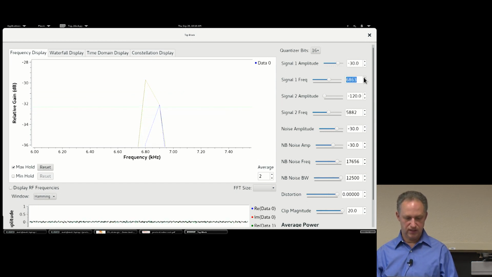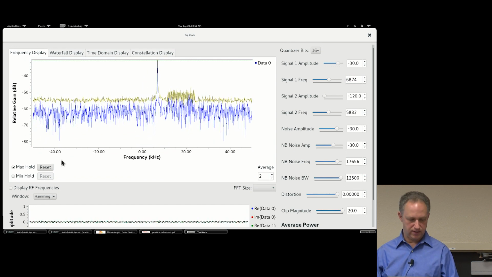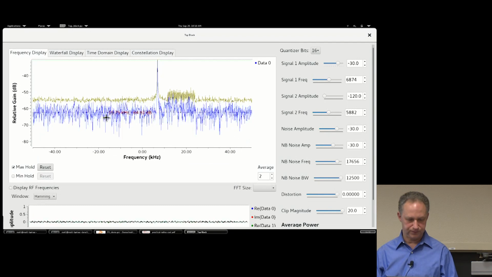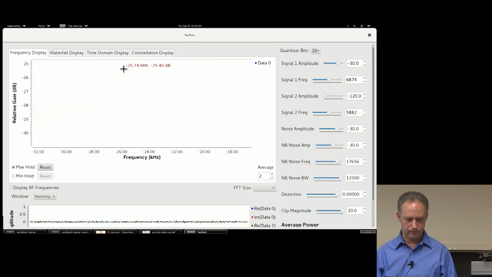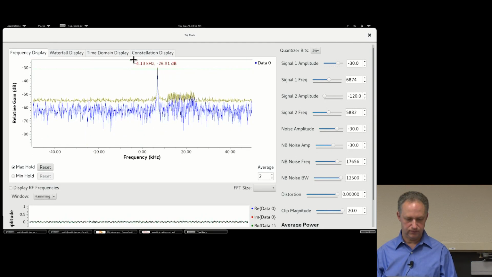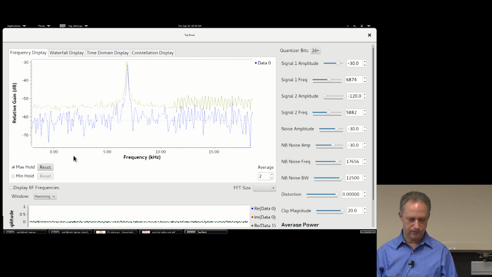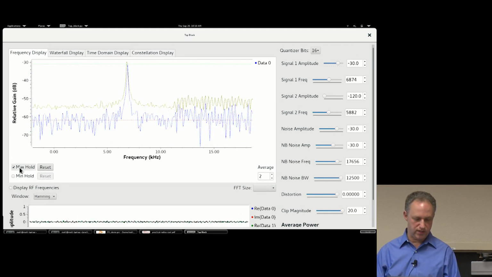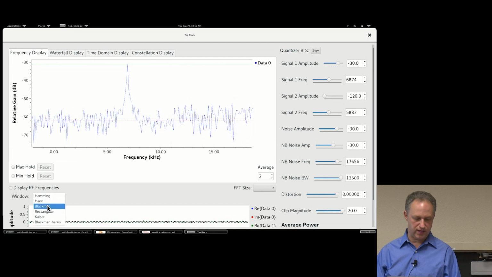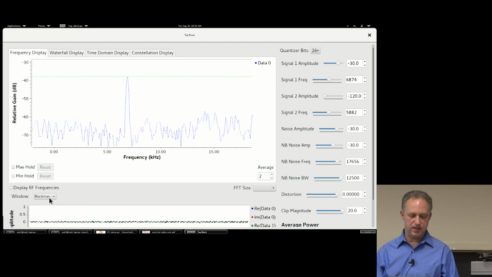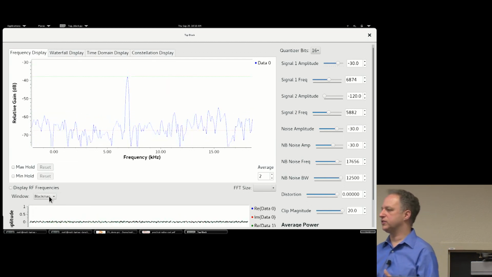It's actually a little more, but let me zoom out here. Okay, so now as we change the window, you can see the whole signal change in amplitude.